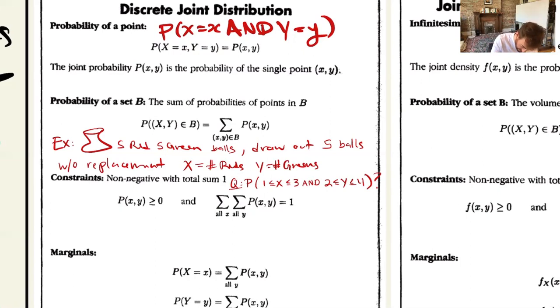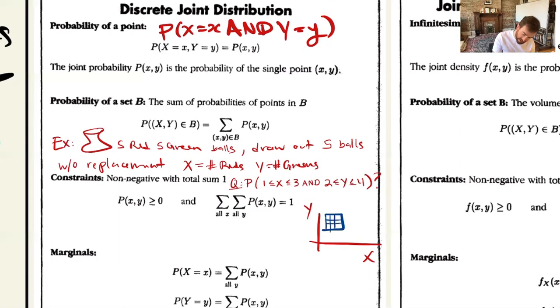What you'll end up seeing is something like, here's x, here's y. X is going to be between 1 and 3, and y is going to be between 2 and 4. So 1, 2, or 3, and then 2, 3, or 4.